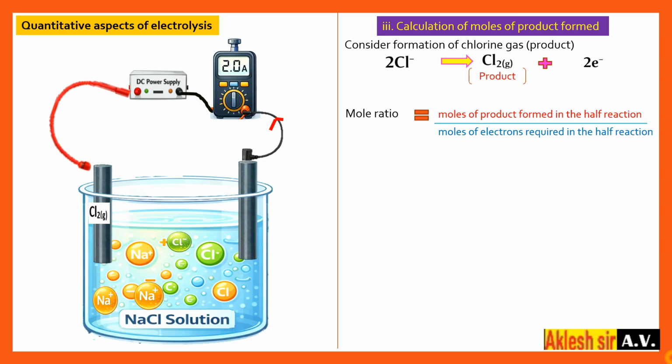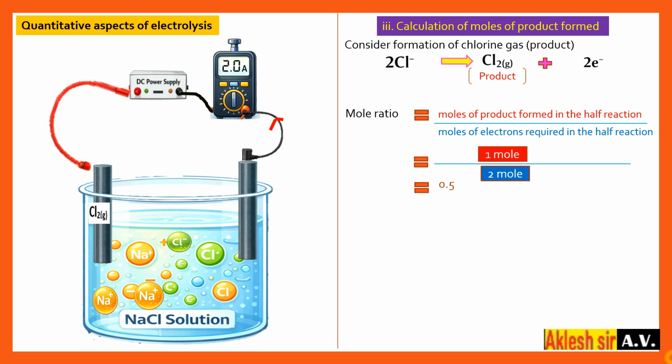Here the product, that is chlorine gas, is 1 mole. And the number of electrons used in the half reaction is 2. Therefore mole ratio is equal to 1 mole divided by 2 moles, which is equal to 0.5.